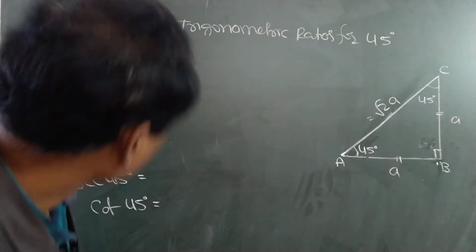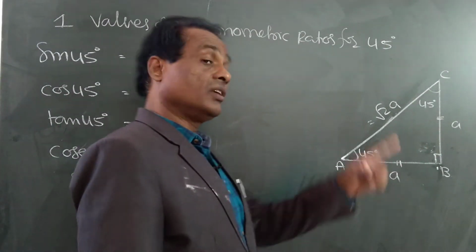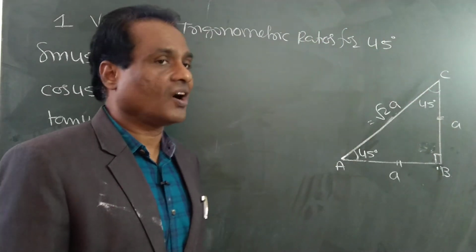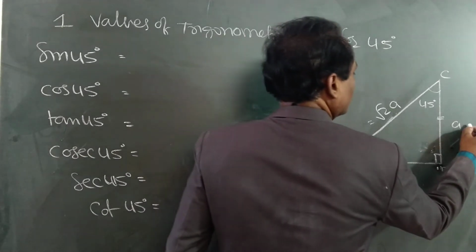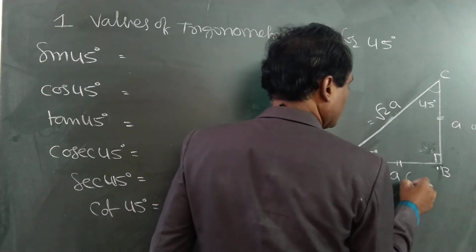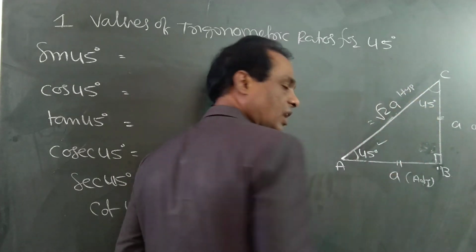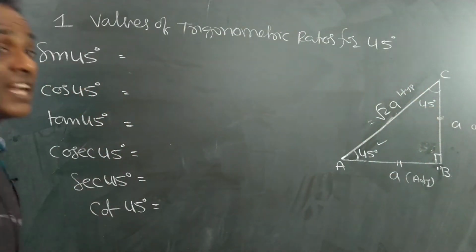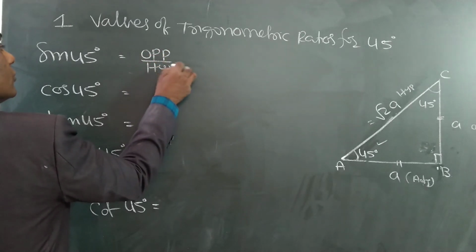See here, the sine definition. All 6 trigonometric ratios I defined. Say this is opposite, this is adjacent, this is hypotenuse for this angle. Sine definition is opposite by hypotenuse.